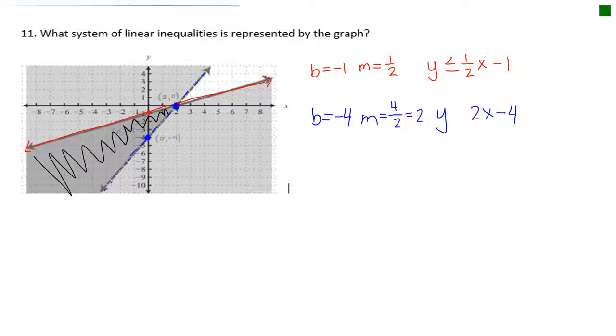Since this shading is above that point, we know it's going to be greater than. So writing our system of inequalities, we can just put them together. We have y is less than or equal to 1/2 x minus 1, and y is greater than 2x minus 4.